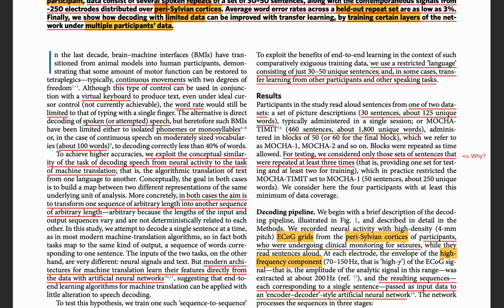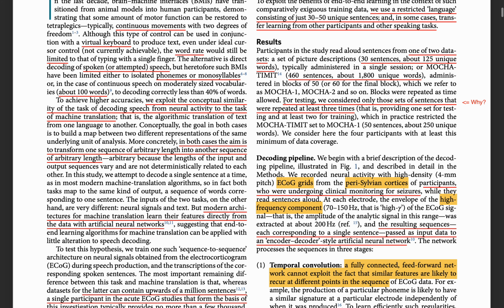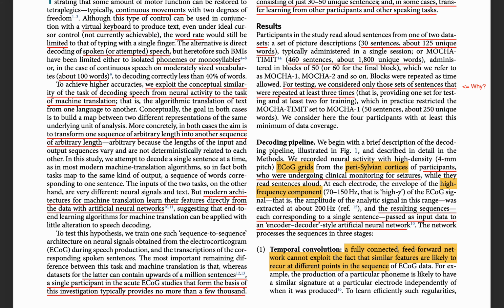They did not use the entire data set, but they created 2 subsets out of it, MOCHA-1 and MOCHA-2. And again, this highlights that only those sets of sentences that were repeated 3 times were considered for testing. We briefly discussed earlier why that might be the case.